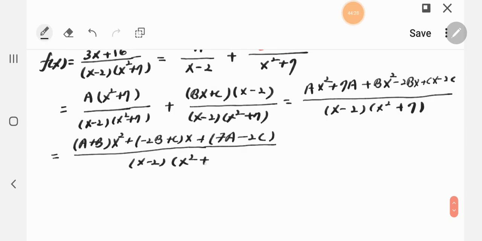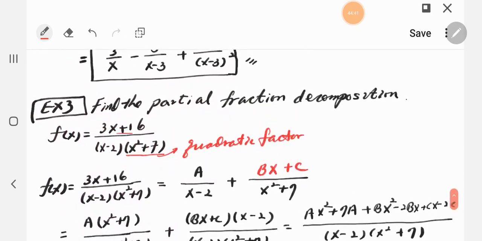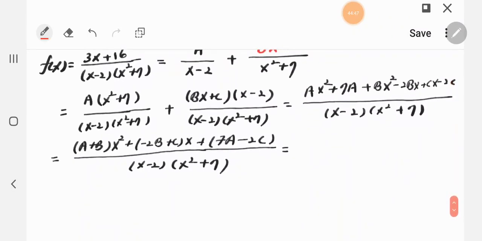So we just rearranged the numerator, writing it in quadratic standard form. This should be equal to, let's go back to the original, 3x plus 16, and the denominator is x minus 2 times x squared plus 7.